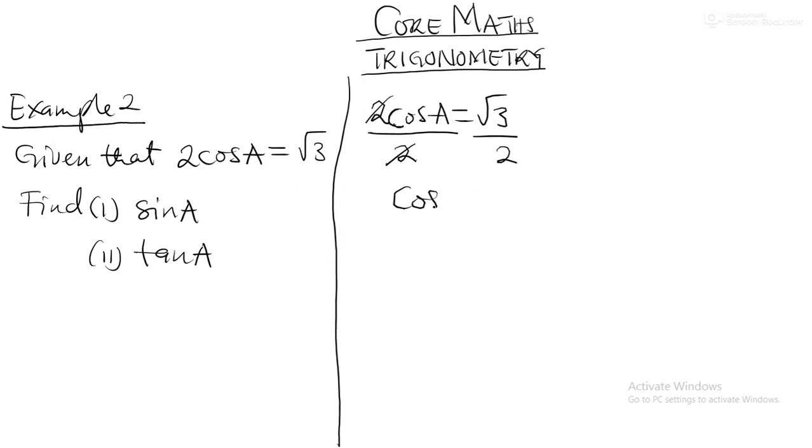We have cos A to be equal to root 3 over what? Over 2. Okay, so we use this information to draw a right angle triangle. I hope you get it. Good. So the adjacent will be what? Root 3, and then the hypotenuse will be what? 2. Right, so let's do that.